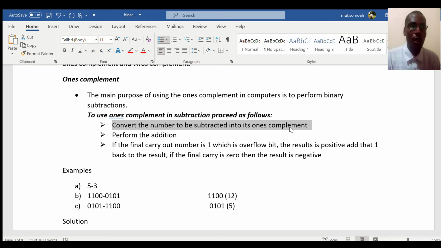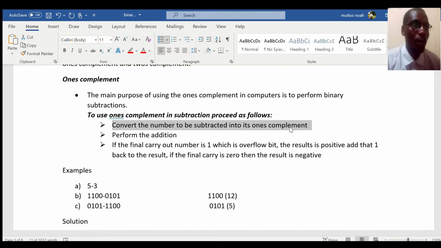So if, for example, we are subtracting, let's take an example of a decimal like 5 minus 2, the 2 is the one which has to be converted to its bitwise complement. Hoping we are together. The 2, not the 5, is the one which has to be converted to its negative form, or its bitwise NOT.